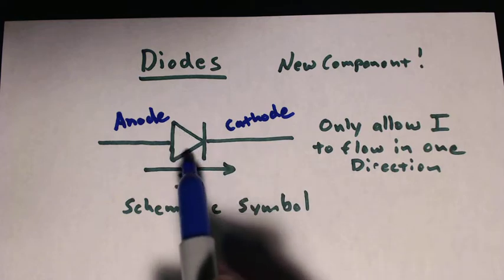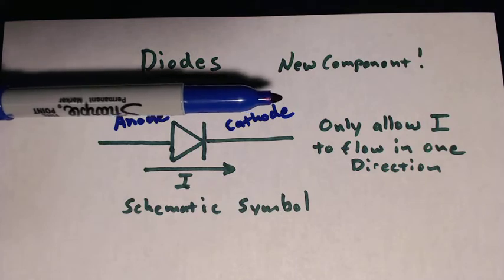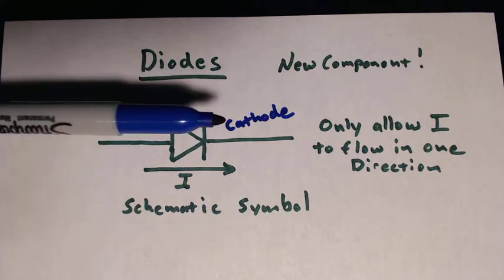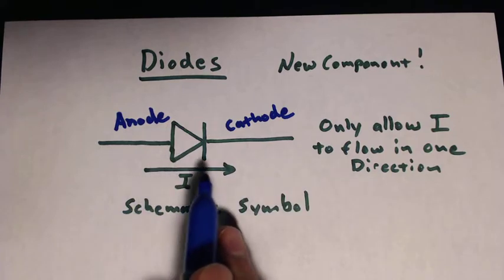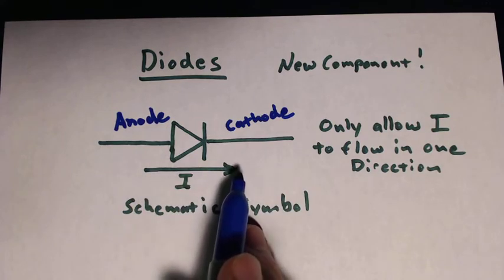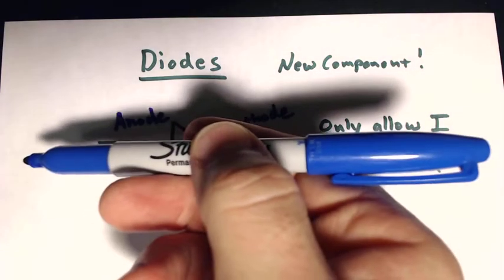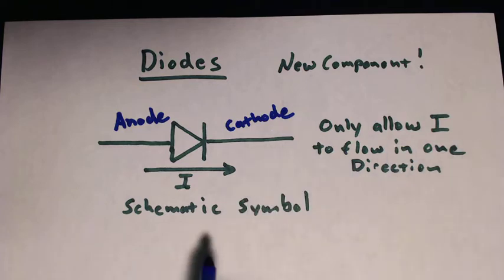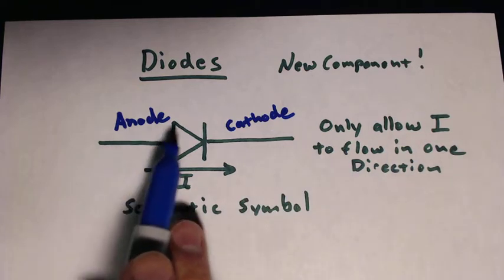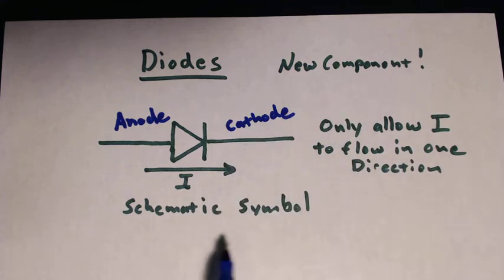If you notice, it kind of looks like an arrow pointing in this direction, and that's just to signify intuitively that it's only allowing current to flow in one direction. Again, it won't allow current to flow backwards, but it will allow current to flow forwards. Back here is the anode, and the front half is the cathode. Okay, and that's our schematic symbol.